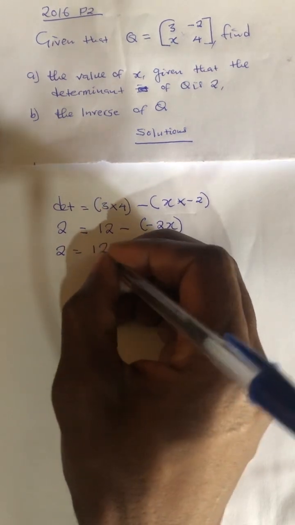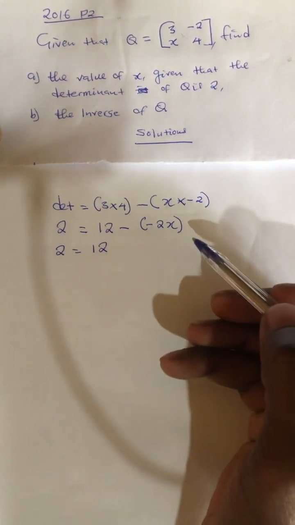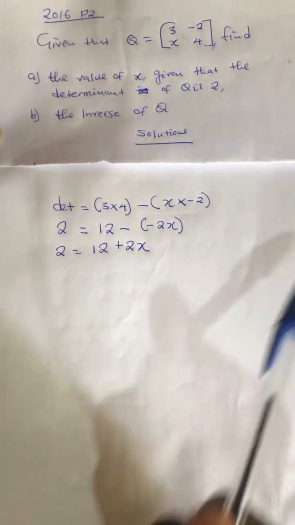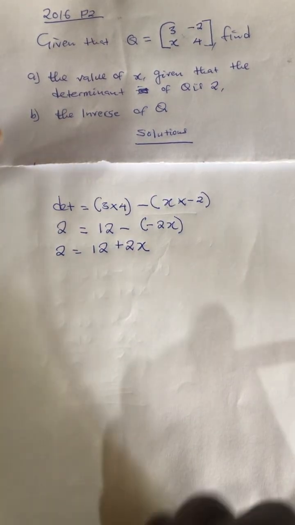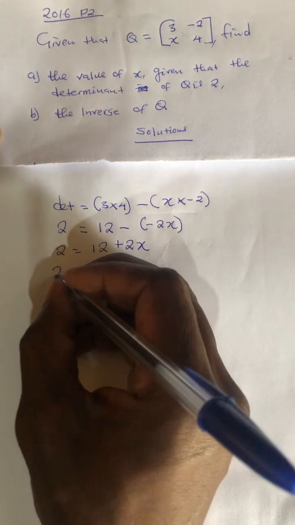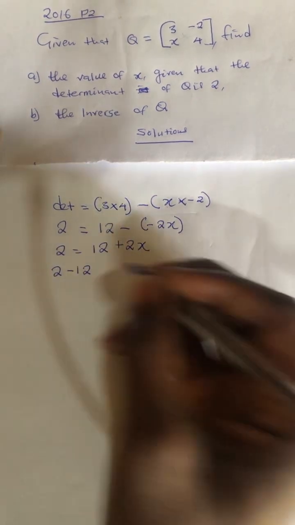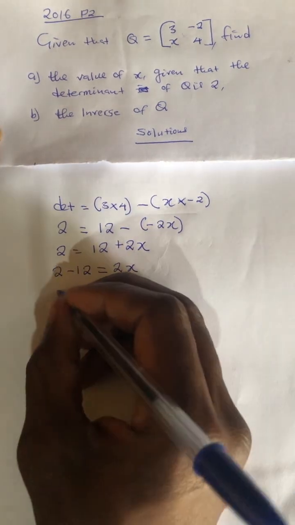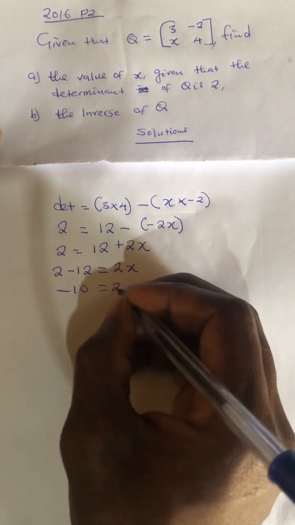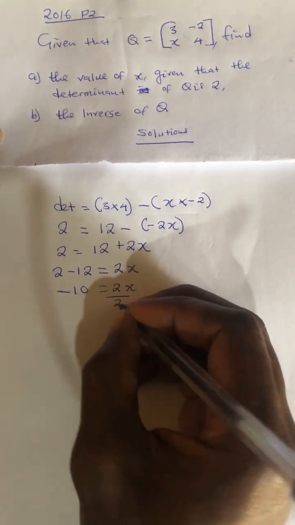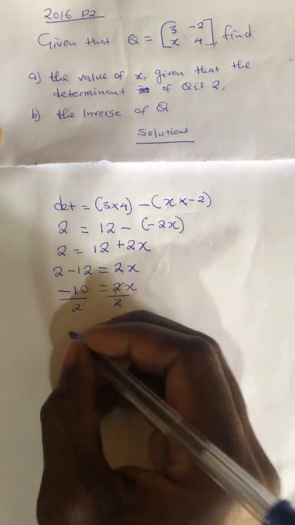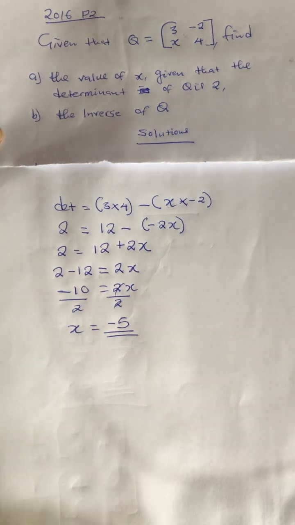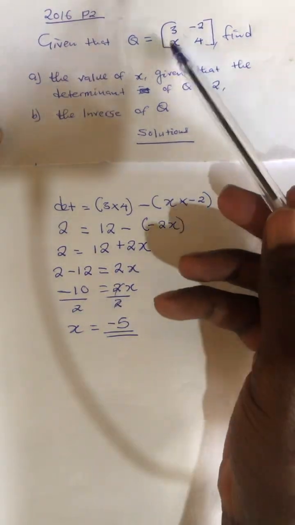So we say 12, and then negative times negative 2x gives us positive 2x. Then we group the like terms together. It is 2 minus 12 equal to 2x. This is negative 10 equal to 2x. Then we divide both sides by 2, having x equal to negative 5. Meaning the value of x here is negative 5.